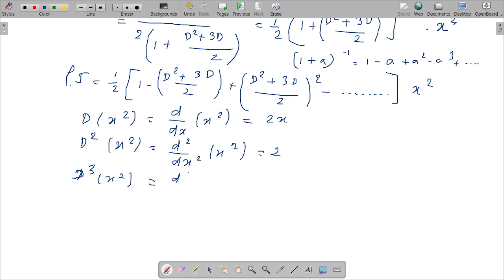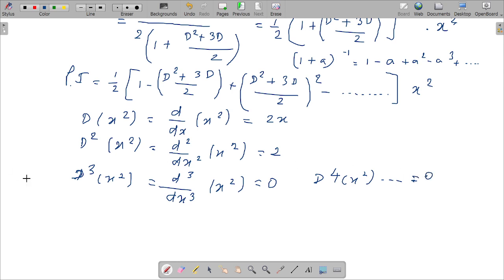D cube means d cube by dx cube of x square. See, already it is 2, then if you differentiate 2, you will get 0. That's why even if you are expanding this term to the third one, it will be 0 only. Third one, fourth one, fifth one, all are 0. So up to the second term you can expand. The third power, fourth power will automatically be 0. So d power 4 of x square, etc., all the other things are equal to 0.